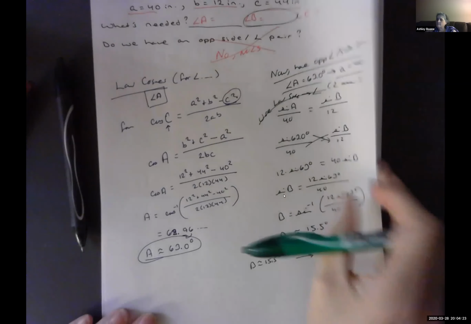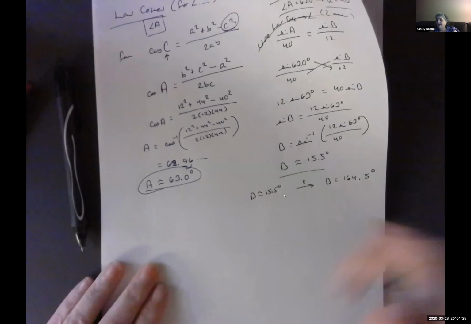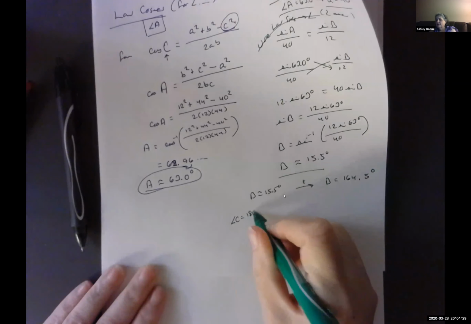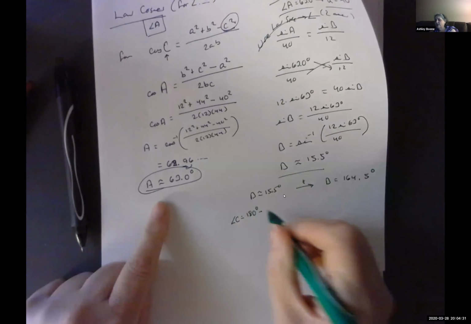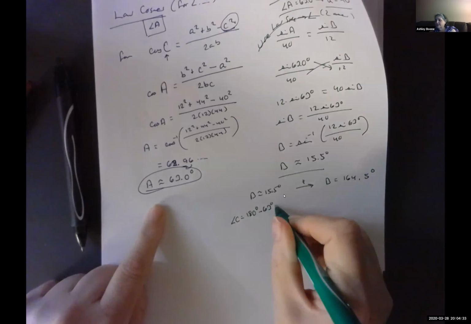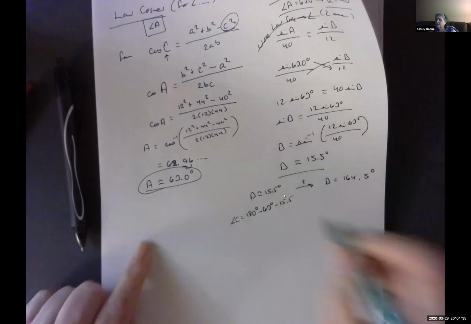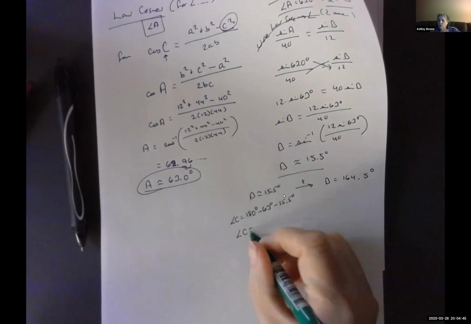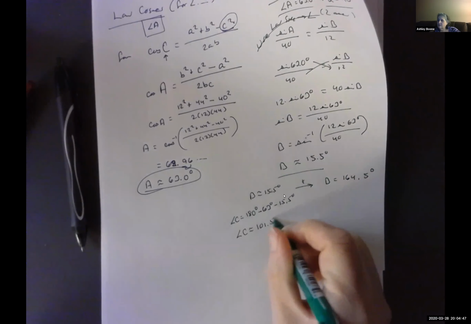All right, so what does that mean for angle C? Three angles add up to 180. So 180 minus my angle A minus my angle B. So 180 minus 63 minus 15.5 is 101.5 degrees.